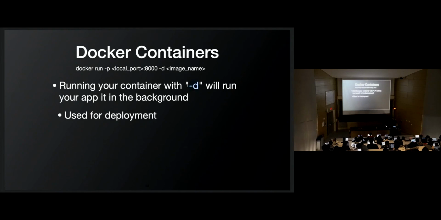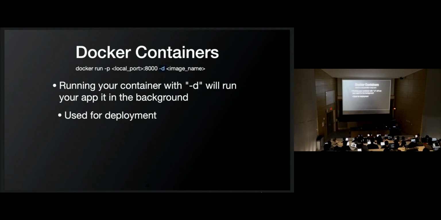You can add a -d right here. This is going to run your container in detached mode. This is what we'll use for deployment when you actually deploy to production. Run in detached mode. That means it runs in the background, and it just runs forever until you stop the container, until it crashes. That's what we use in production.